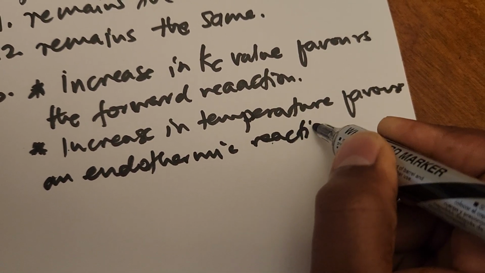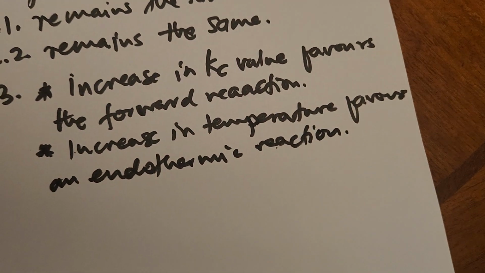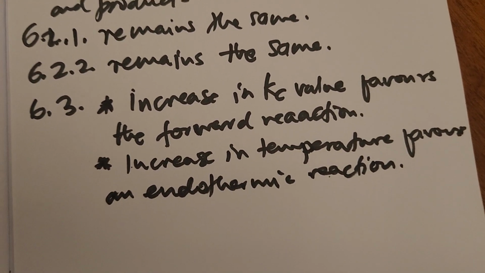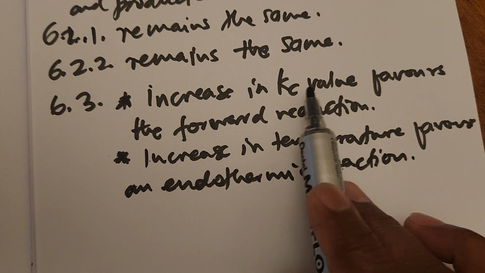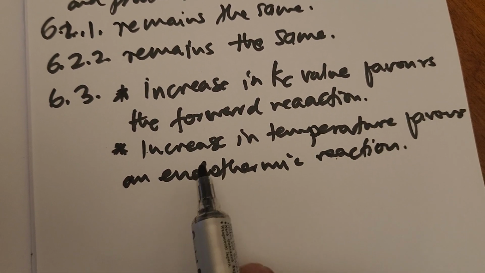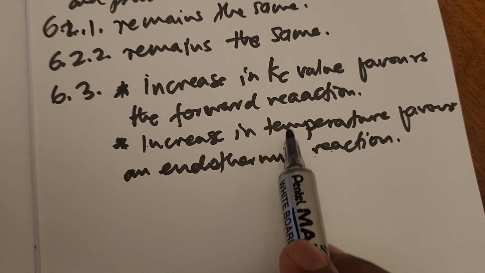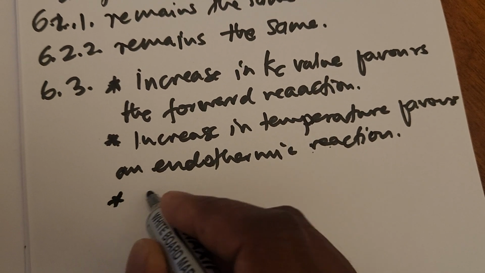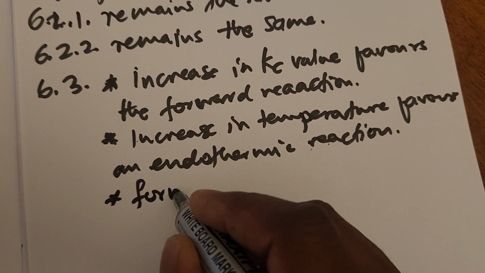Now we can infer or just make a conclusion here between the two statements. So increase in Kc favors the forward, increase in temperature favors endothermic. Therefore, it means that the forward reaction is endothermic.